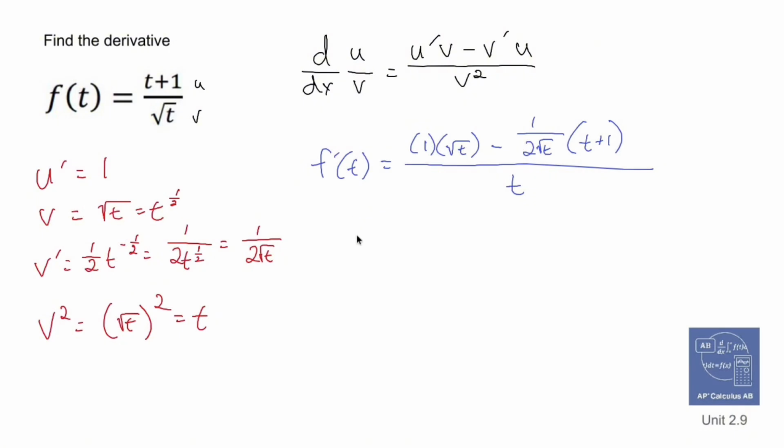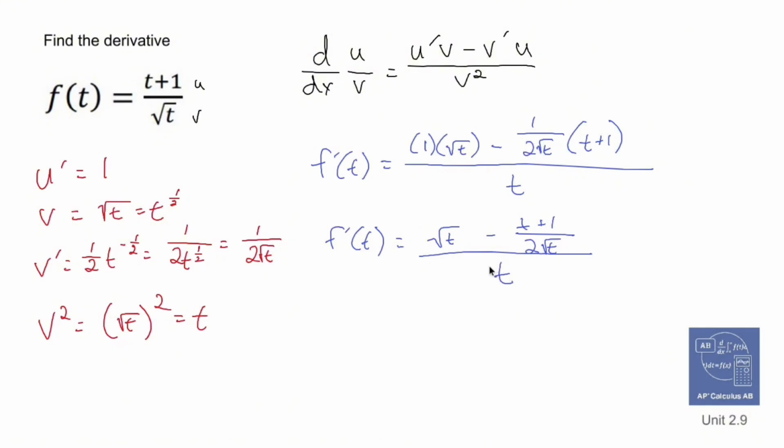So this is not going to look pretty at all. That's all right. F prime of t equals 1 times the square root of t is the square root of t, minus, let's put t plus 1 in the numerator, so t plus 1 over 2 root t over t.